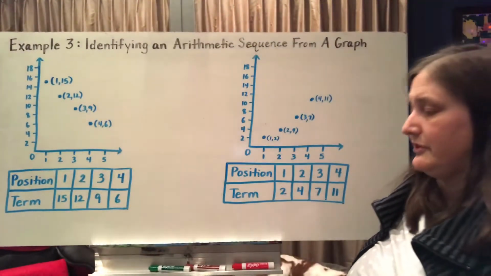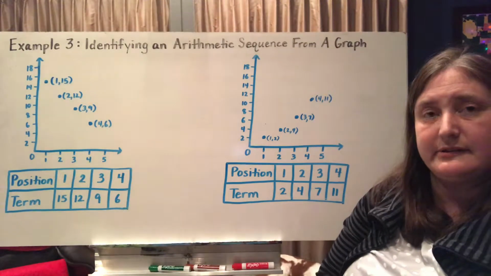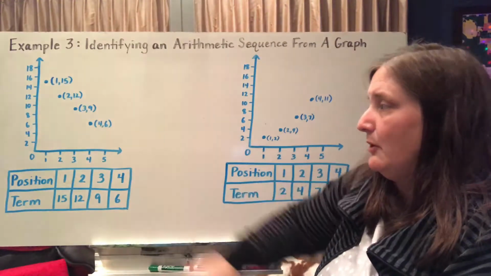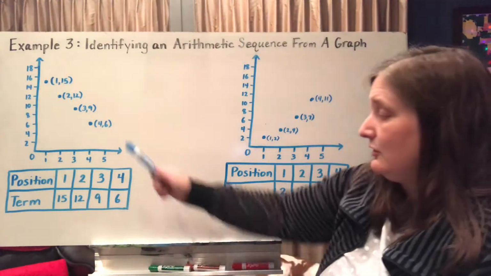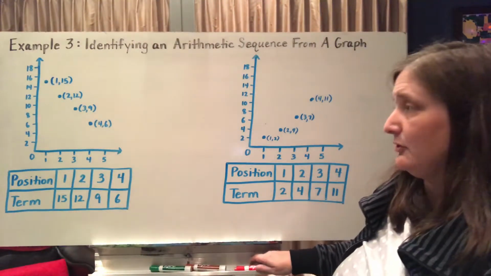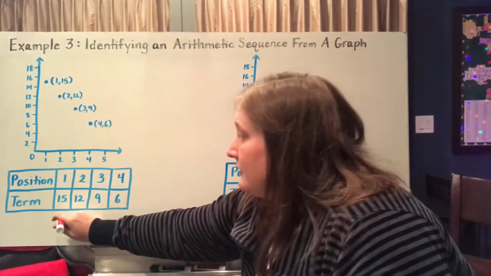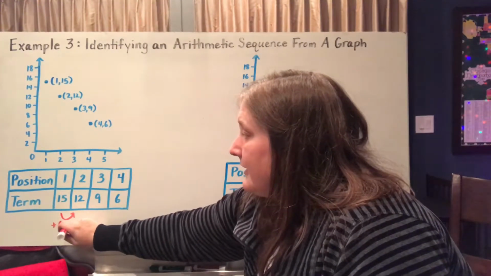So we can use this to actually help us identify arithmetic sequences. So when I see them on a graph, I can always transfer them into a table, which is what I've done here, and see if they're in a line. These look like they're in a line. I'm going to double check by making sure that I can find a common difference here. So it looks like each time the number's going down, so I'm adding -3 here.